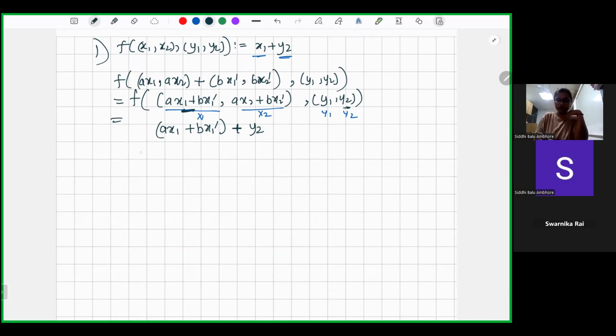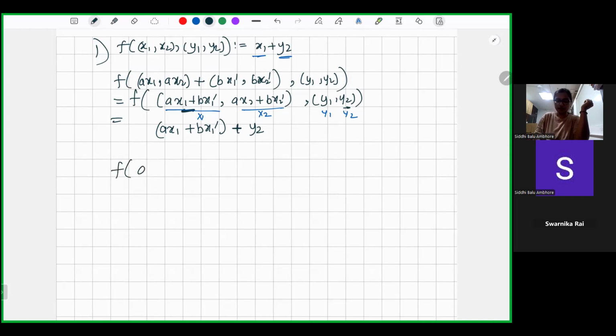If I calculate them separately, will I get the same thing?